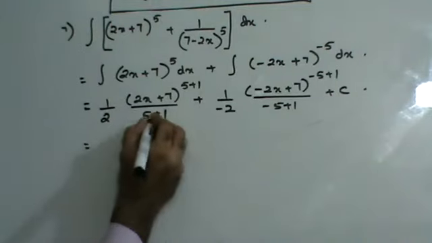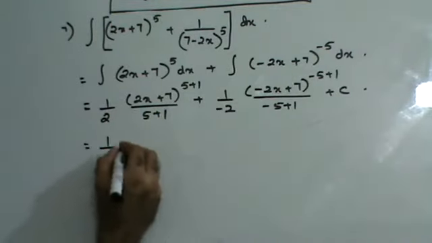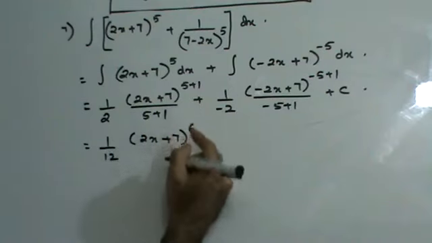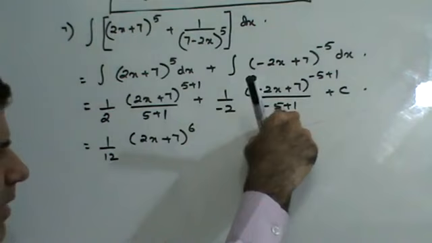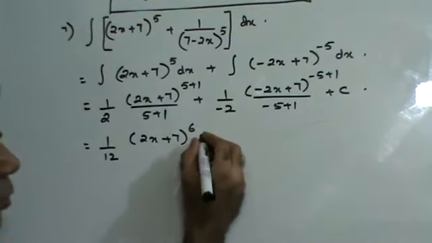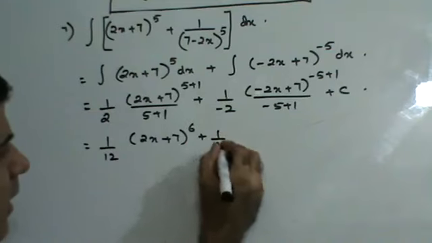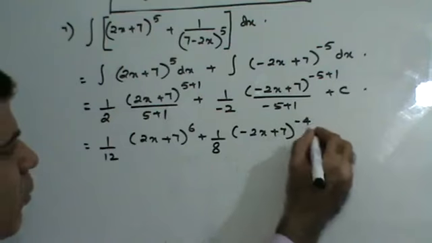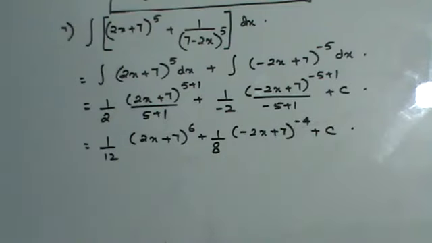So this is 6, 6 2s are 12, 1 upon 12, (2x plus 7) raised to 6. Now, this is going to give you minus 4. Minus 4 into minus 2 is plus 8. So, this is going to give you 1 upon 8 (minus 2x plus 7) raised to minus 4 plus c. That will be your answer.